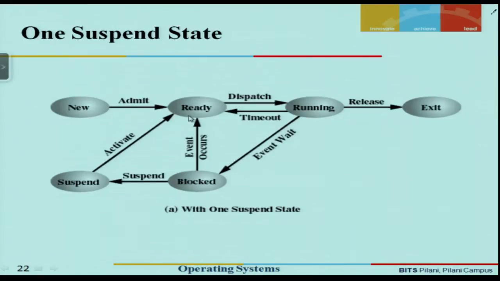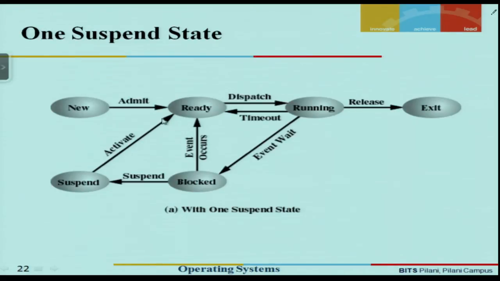Whereas for the process in a suspended state, when the event occurs, if we try to send it to the ready state, that would essentially mean that additional memory is required, because the process in the suspended state is not in memory. When you wish to activate this suspended process to a ready state, that would require that memory become available.